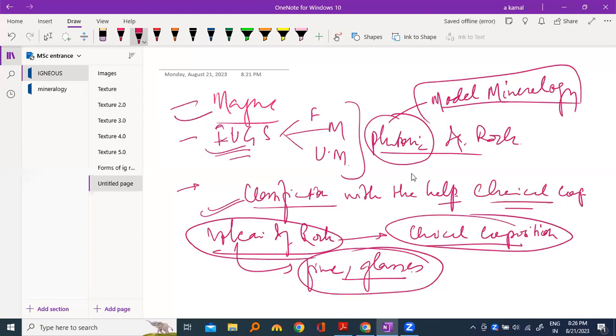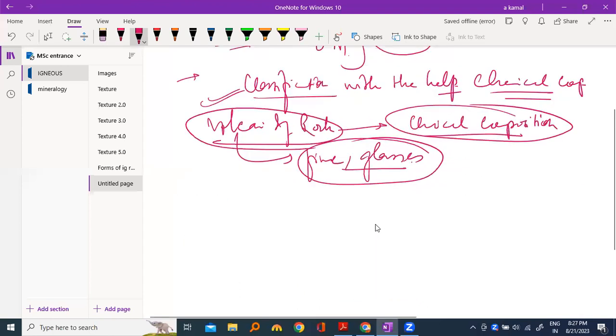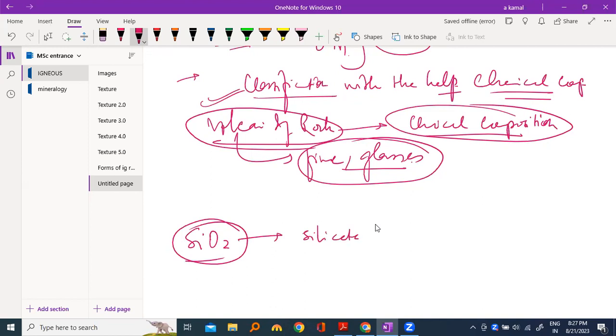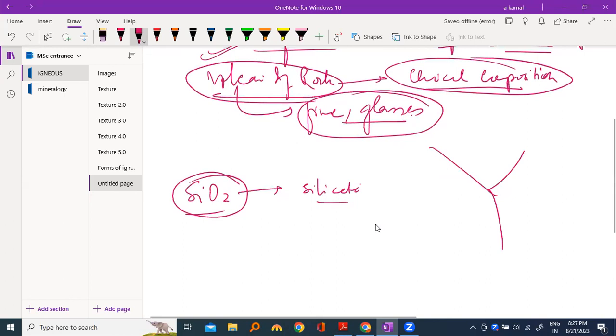Okay, so we are reading igneous rocks, so the silica percentage plays a very important role, because igneous rocks are basically made up of silicate minerals, and you can see in the Bowen's series all the minerals belong to the silicate family, silicate mineral groups.